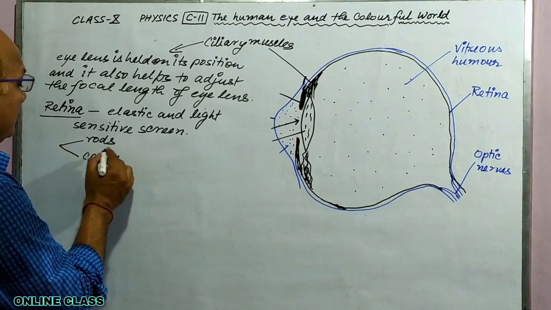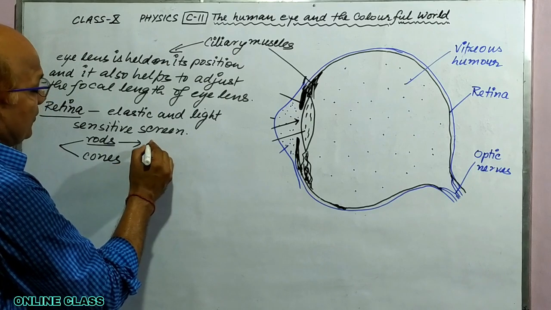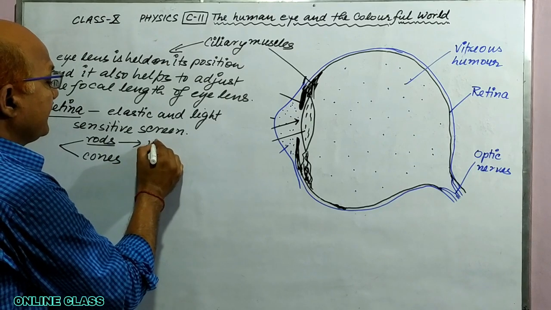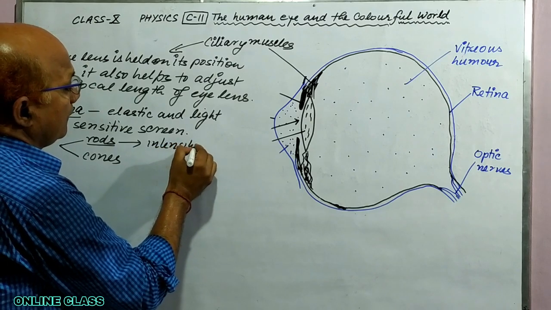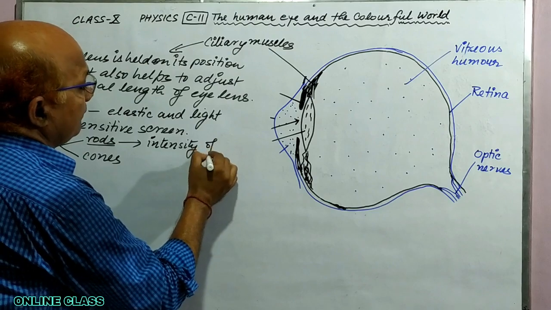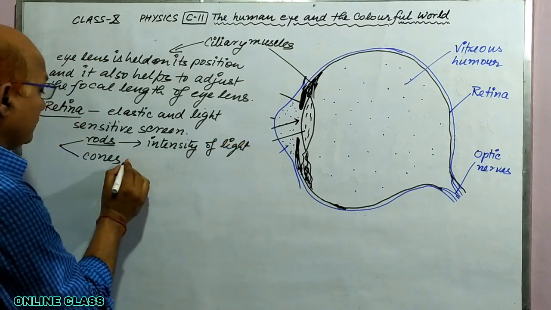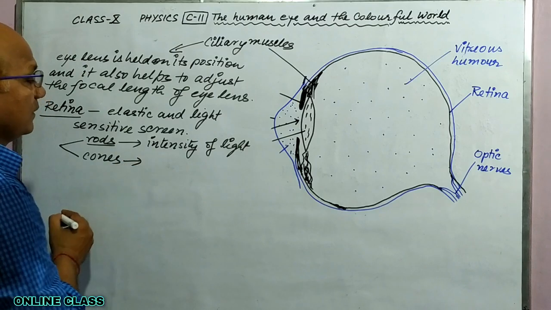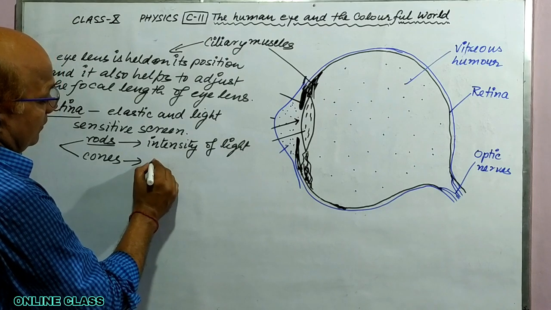Okay, rod cells are responsible for intensity of light, and cones are responsible for color.